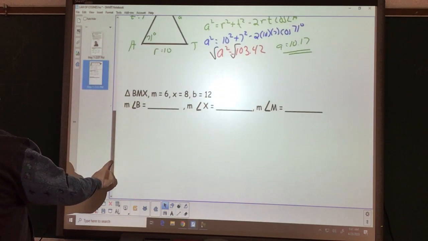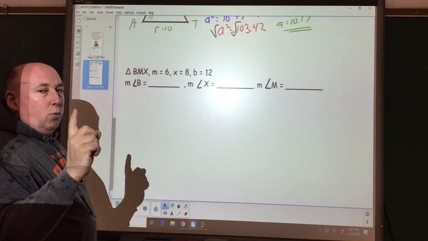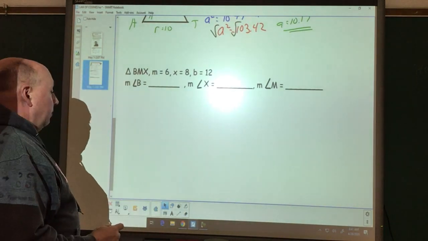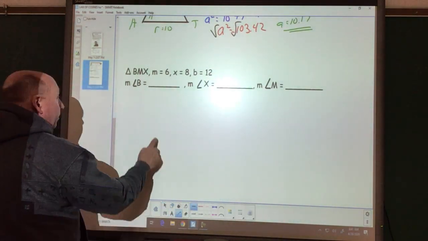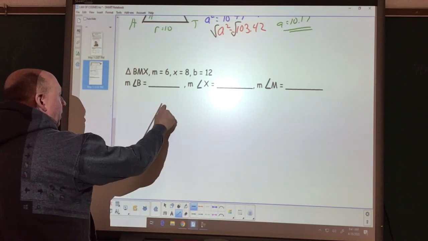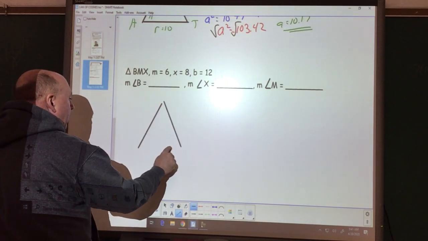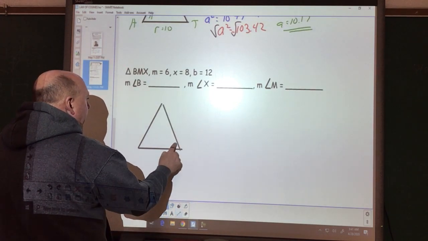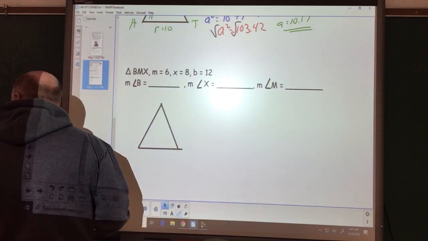If we look at one last one here, we have triangle BMX. Once again, as you notice, all my triangles pretty much look the same.